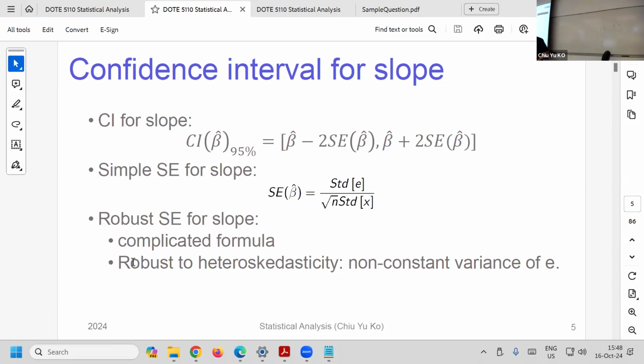But one thing I want to mention, because we have not been very careful in explaining it, is what regression is doing. We are actually assuming the data is generated in this format.